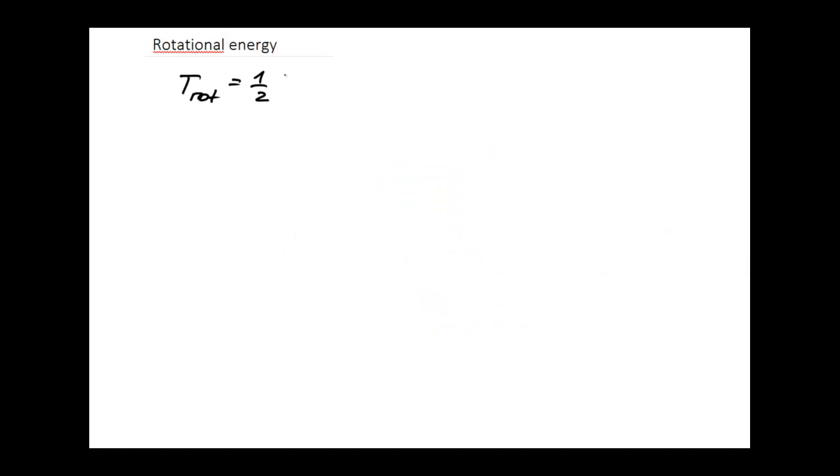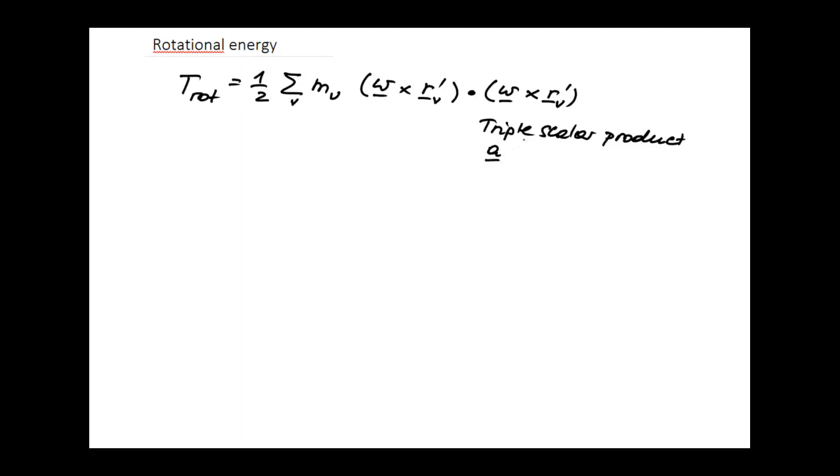So recall the formula from the previous page for the rotational energy. And let me write out the square of this bracket as a scalar product. This has the structure of a triple scalar product. A triple scalar product has the structure of some vector A scalar product with B vector product with C. Now a triple scalar product has the property that it's invariant under cyclic permutation of the vectors.